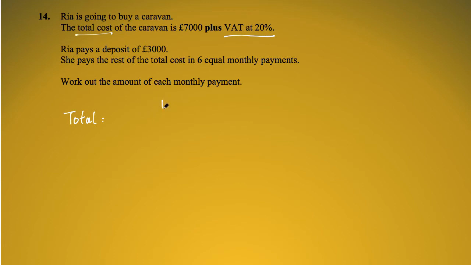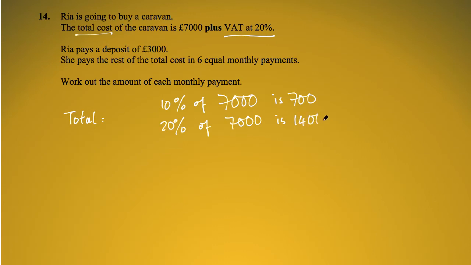So 10% of 7,000 is 700, which means that 20% of 7,000 is double that, 1,400. So the total is going to be her 7,000 plus her 1,400 VAT, which is 8,400. So we get some marks for that already.